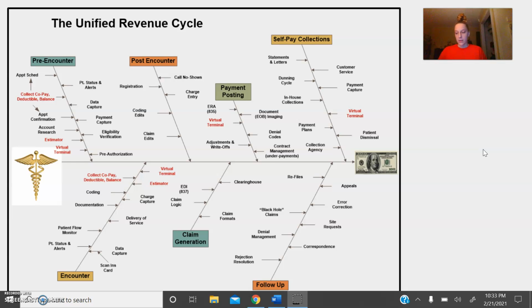I then participate in a dunning cycle process, which is communicating with self-payers that their outstanding account balances are due. This can range from gentle reminders to threatening letters in the mail and/or phone calls.